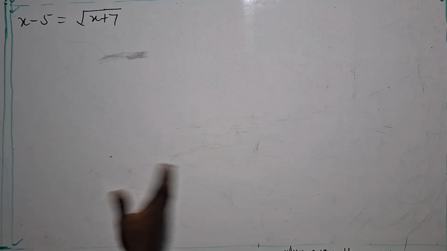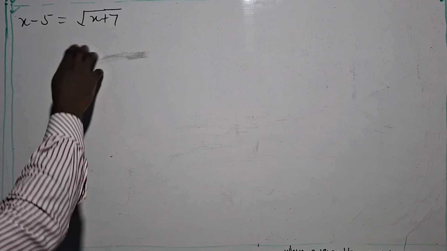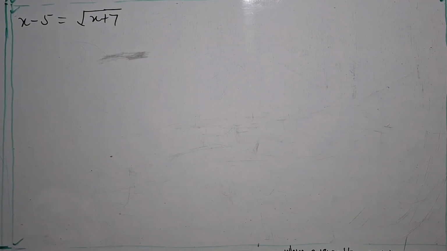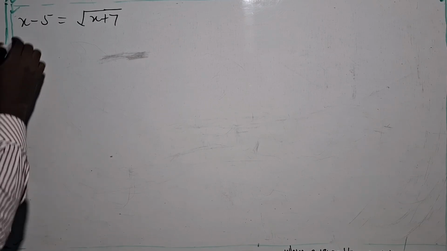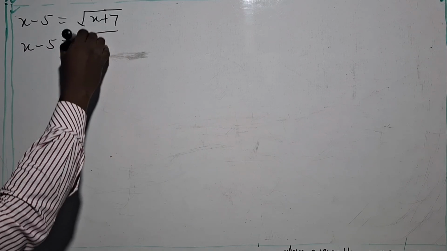So I told you the principle we follow. You isolate the radical term, but here it has been isolated already. So since this has been isolated already, we have to eliminate the square root. So what do we use to eliminate square root?